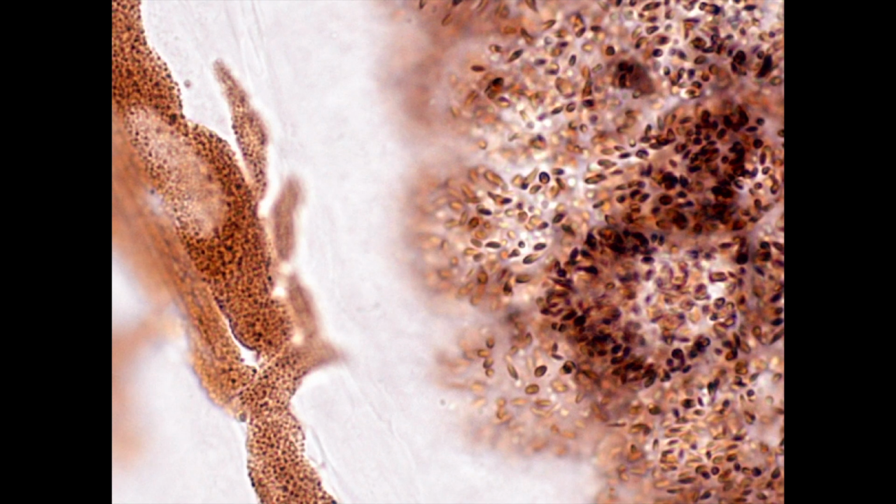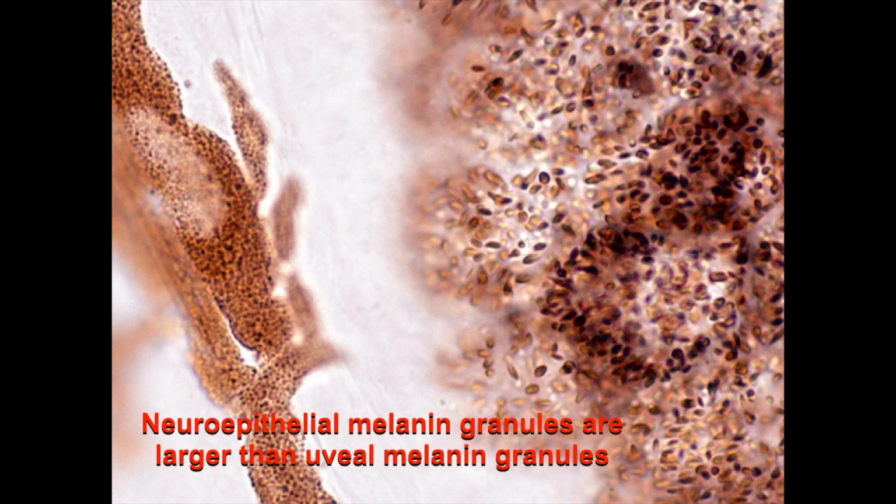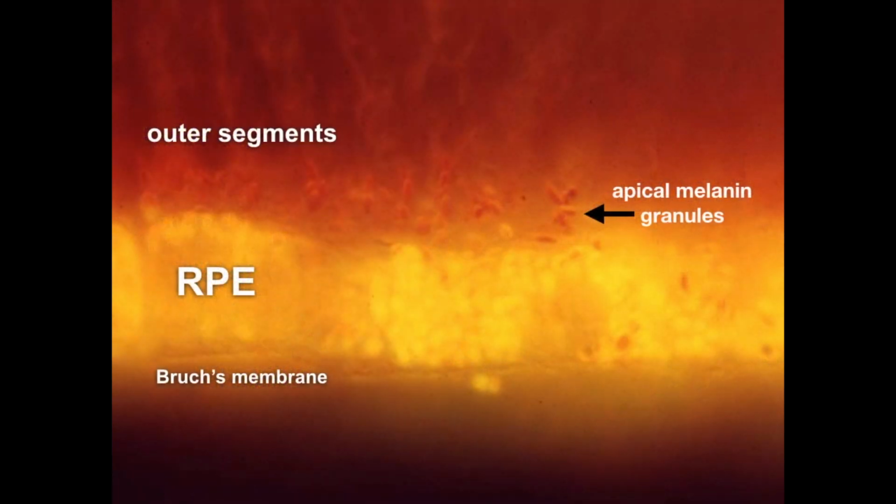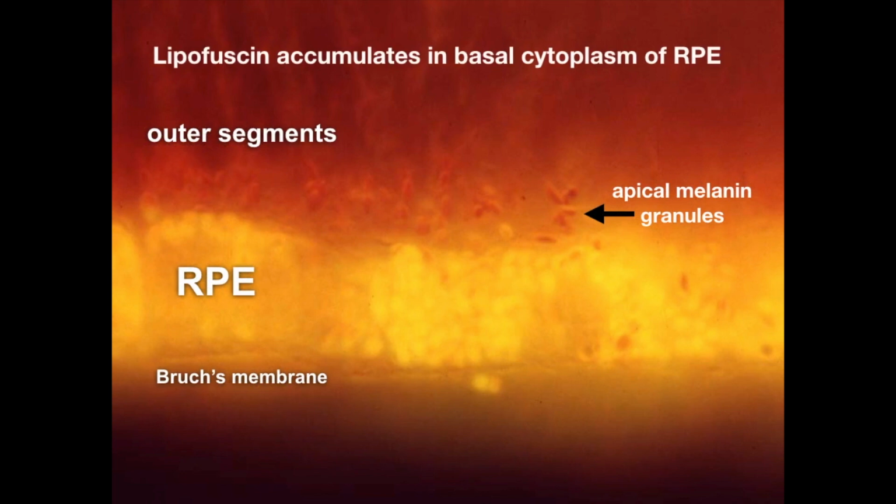Granules of neuroepithelial melanin are always larger than the granules in the uveal melanocytes. The large ellipsoidal granules in the RPE cells at right contrast with the fine dust-like granules in the choroidal melanocytes in this flat preparation. The basal cytoplasm of the RPE cells contains lipofuscin pigment.